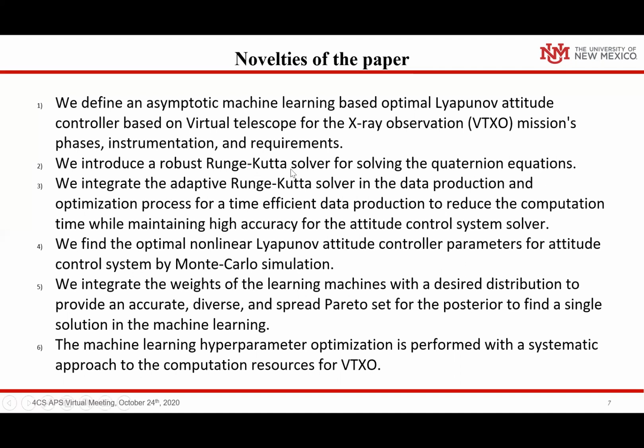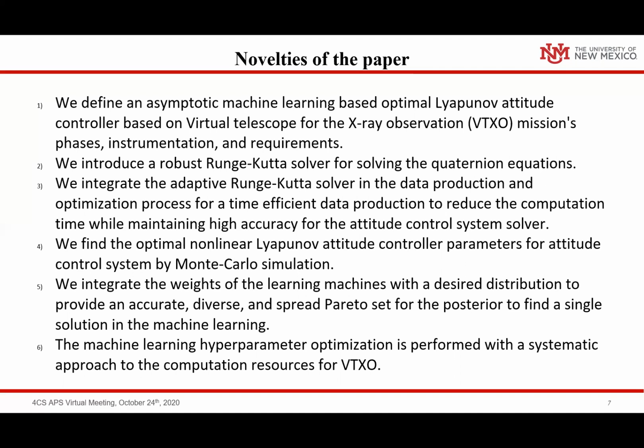We introduce a robust Runge-Kutta solver for solving the quaternion equations. We integrate the adaptive Runge-Kutta solver in the data production and optimization process for time-efficient data production, to reduce the computation time while maintaining high accuracy for the attitude control system solver. We find the optimal nonlinear Lyapunov attitude controller parameters for the attitude control system by Monte Carlo simulation.